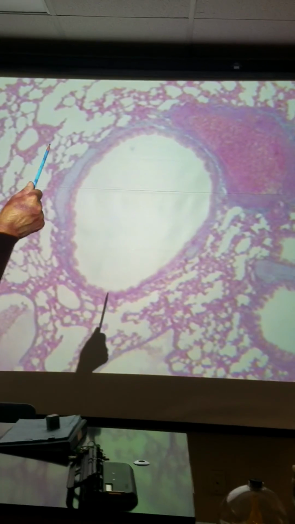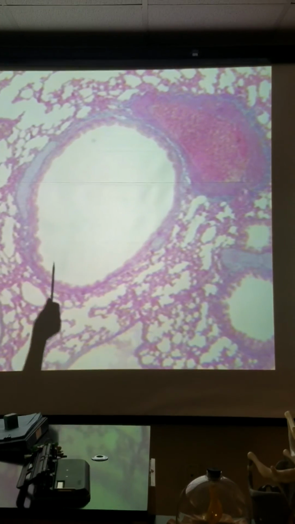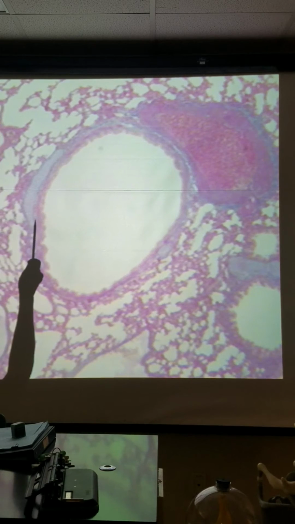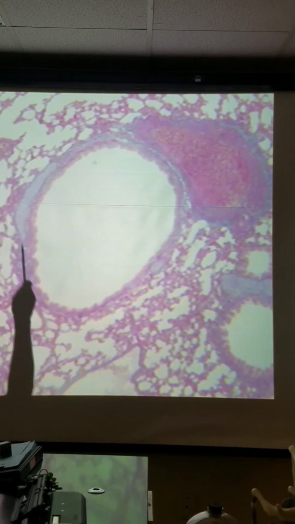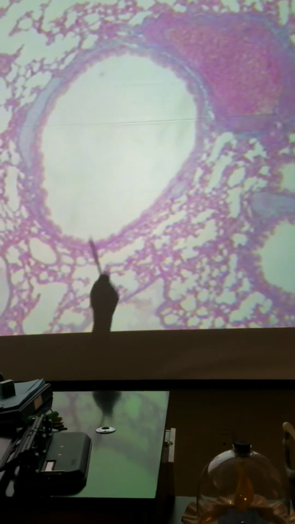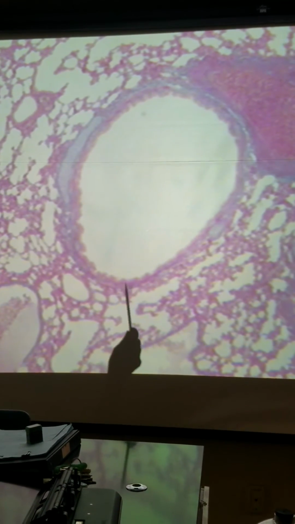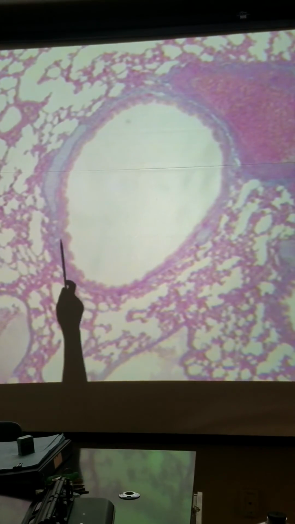But yes, in a bronchiole, the mucosa will change to simple cuboidal epithelial tissue, and you swap out hyaline cartilage for smooth muscle, because they can bronchoconstrict and bronchodilate. So if you're looking at a structure that you can't see any little hyaline cartilage pockets around, then you know it's a bronchiole. I can show you one that's on another slide, but I think you're going to be fine with just knowing that. It looks almost the same.